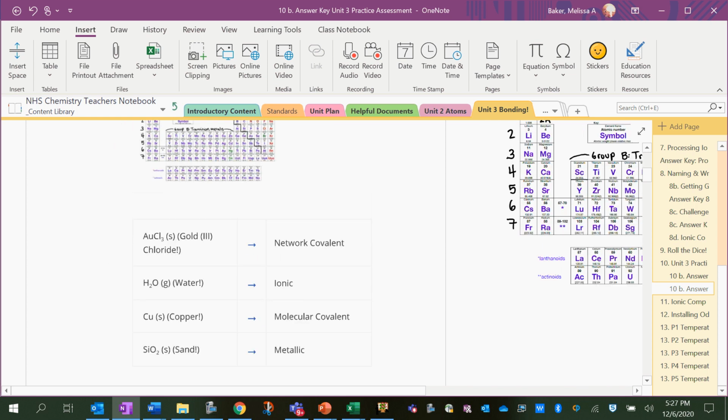If something has ionic bonding, it's made of a metal and a nonmetal atom. If something has covalent bonding, there's two types: molecular covalent bonding and network covalent bonding. These are both made of all nonmetals.